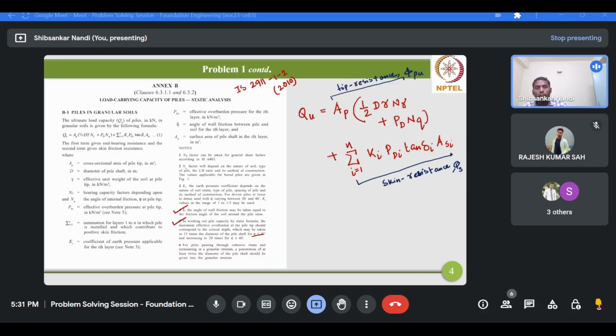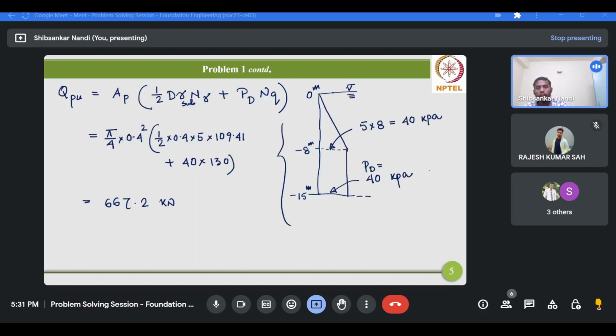Coming to the second part, that is the ultimate skin resistance QS. You have to consider basically two layers, i equals 1 and i equals 2, because corresponding to these two layers the variation in the effective overburden pressure is different.